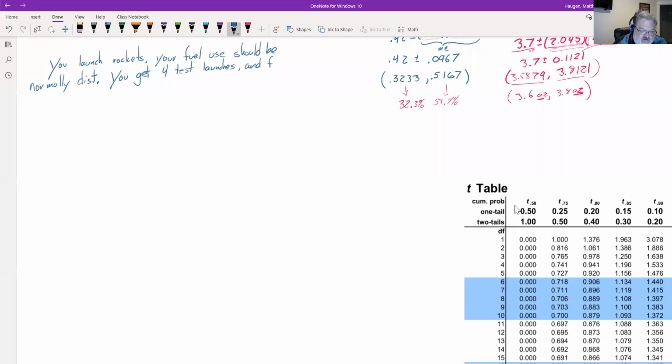And you find your fuel use average, again, it's a mean average, of, oh, I don't know, how about 5.1 tons of fuel with a standard deviation of 1.2 tons.